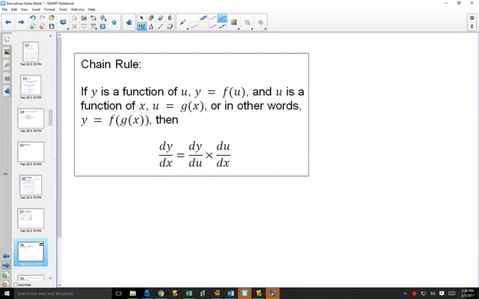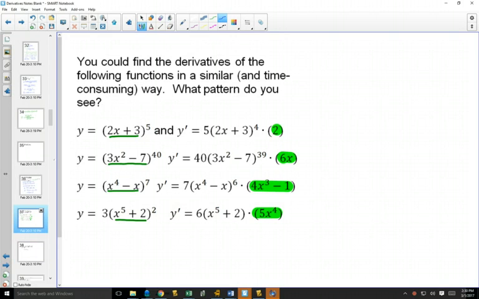So to summarize this, if we have one function inside of another function, we do the derivative of the outside function first. And what I mean by that is here, 2x plus 3 is the inside function. The outside function is the power of 5.